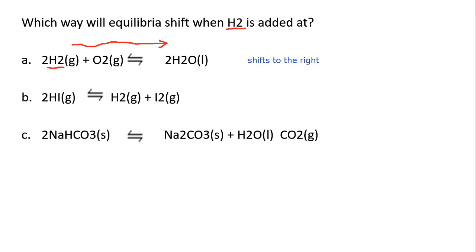And the second example, H2 is a product. So if we're adding more product, which way is it going to shift? That's right, it's going to shift to the left to make more reactants. So we say it shifts to the left.